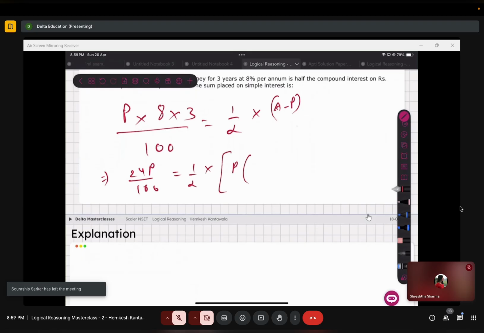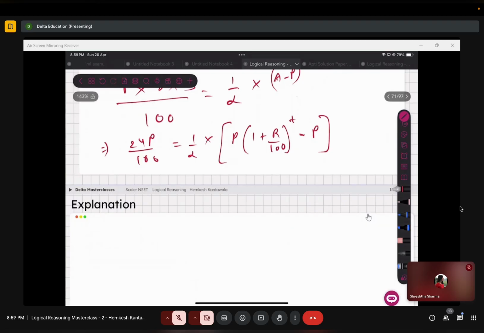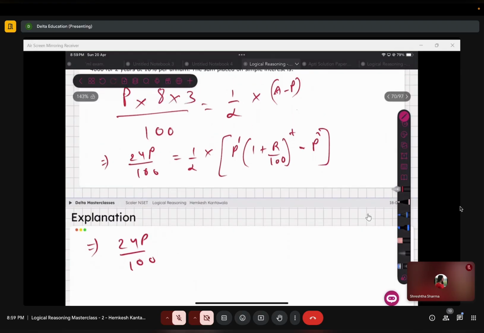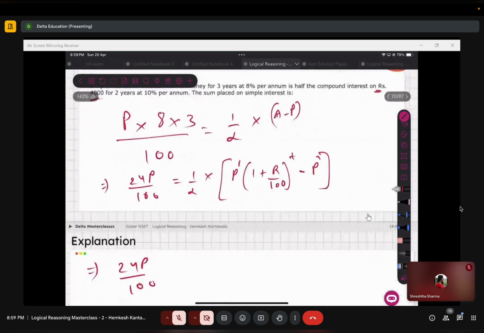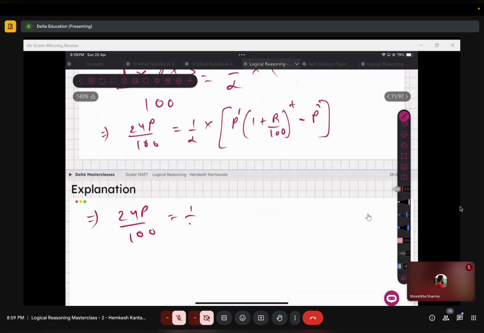Amount is P into 1 plus R upon 100 to the power T, minus P. Now, this P and this P are not the same. This principal is for the simple interest and this principal is for compound interest. The compound interest principal is known, 4,000.